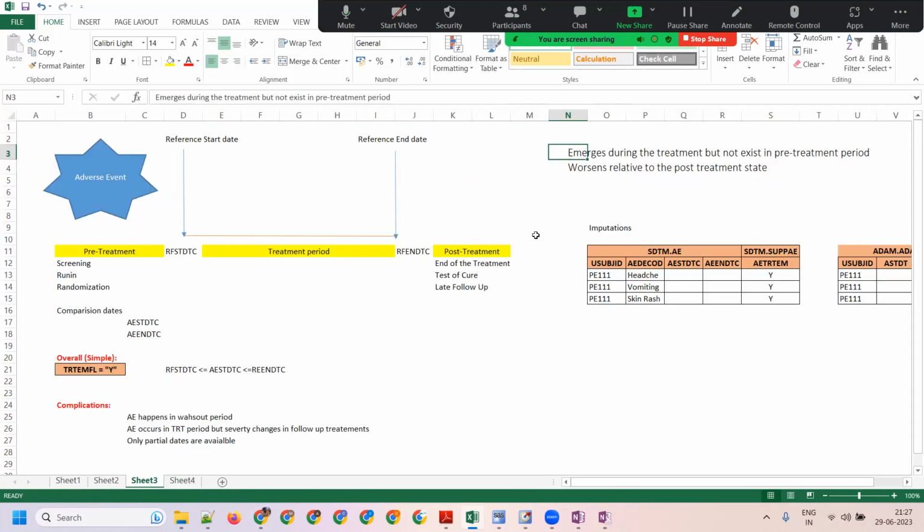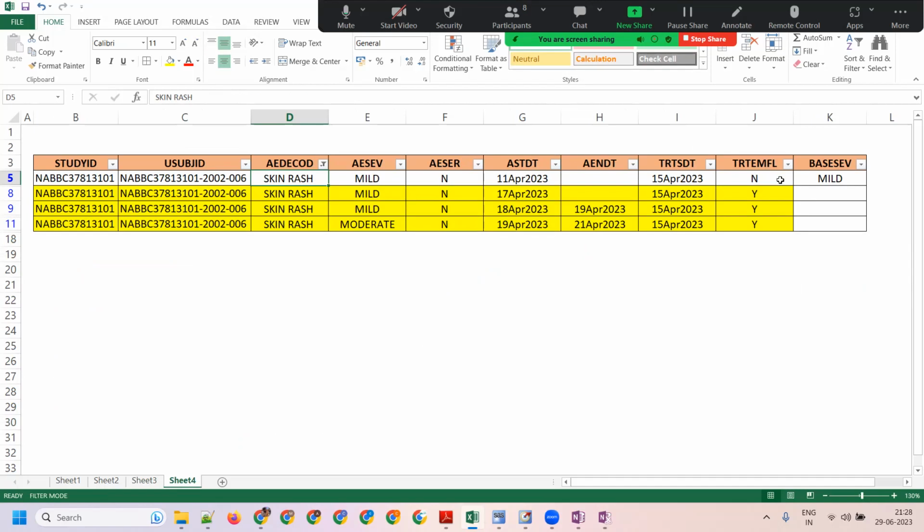Right? When it exists, I need to look at the severity. Now, do you understand where I'm going to make a shift from emerging versus severity? All of you are able to understand this? Questions? If I go with the first one, this is the answer. But there is another thing.